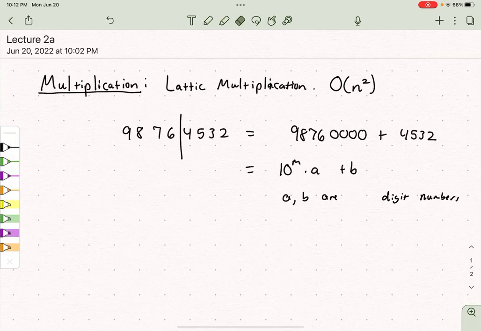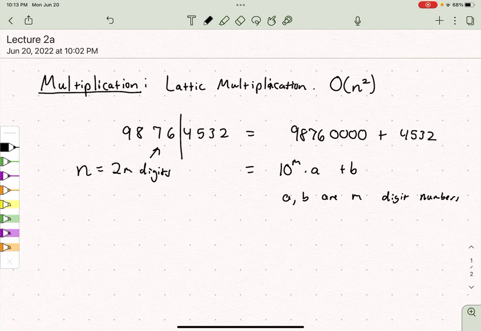And overall, this will be a 2m digit number, and we'll call n 2m. So that's one way to split up the number.